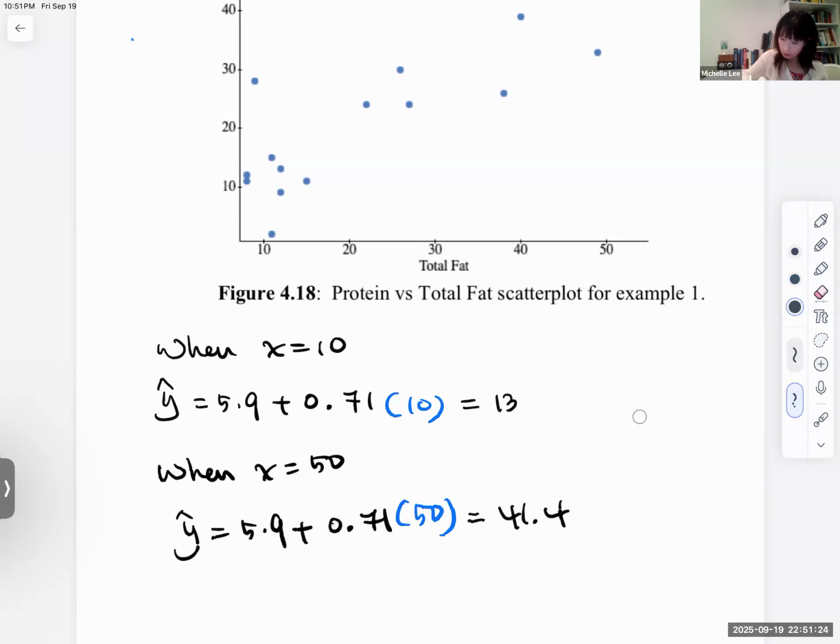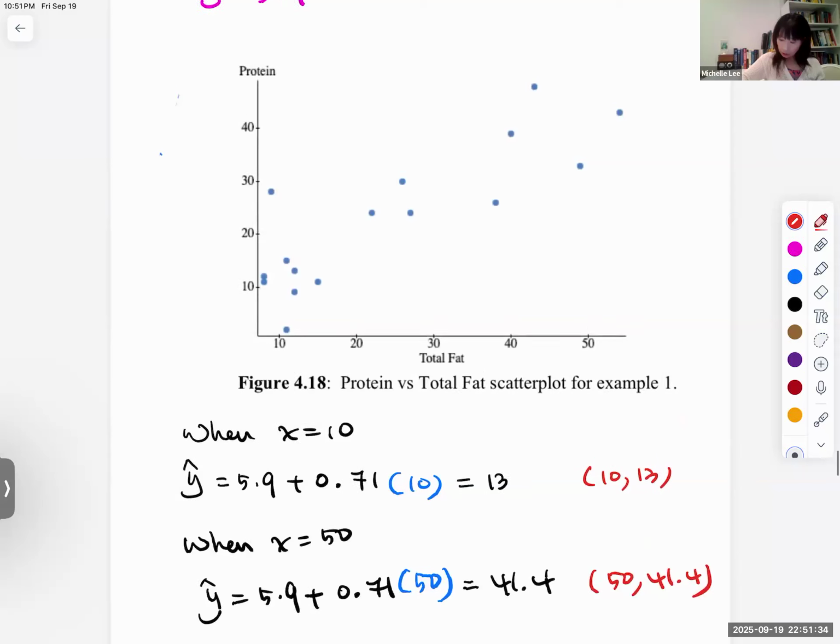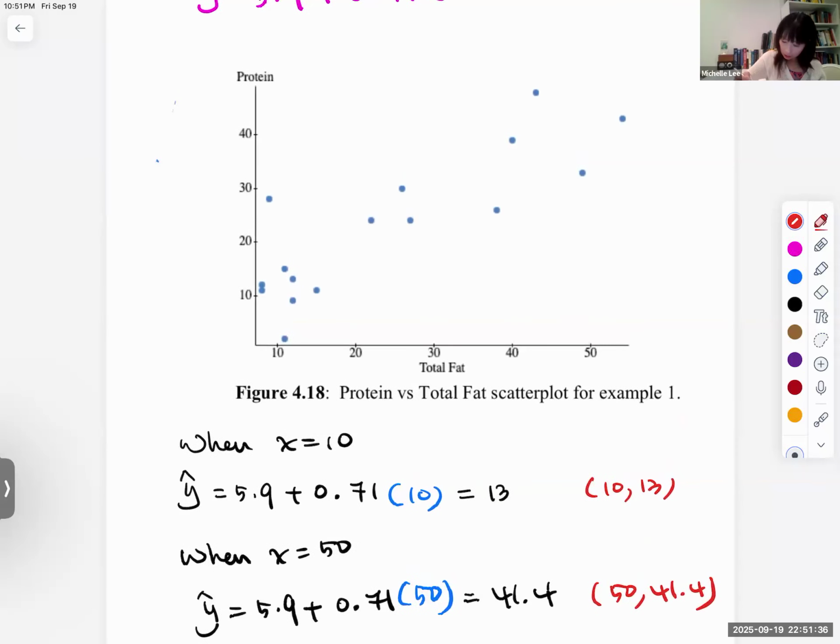Okay, so we have the ordered pairs, let me write down in a different color. We have 10, 13, and 50, 41.4, yeah? So 10 and 13, it's over here.